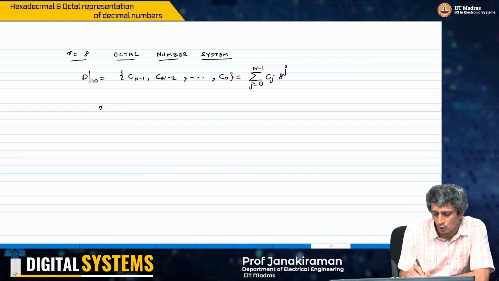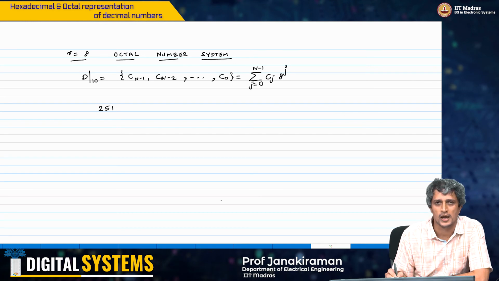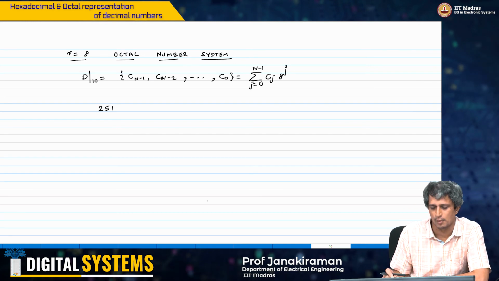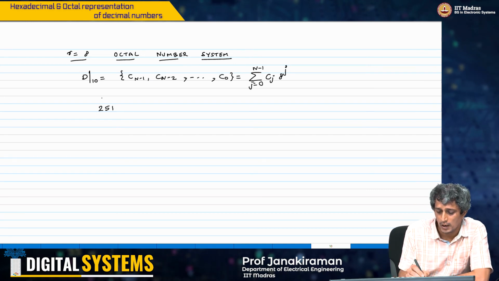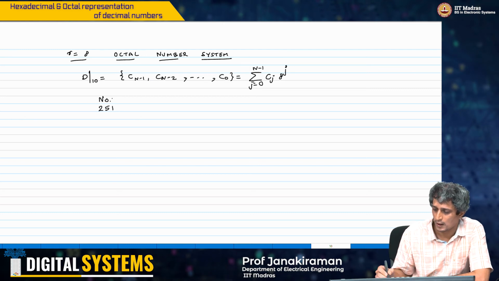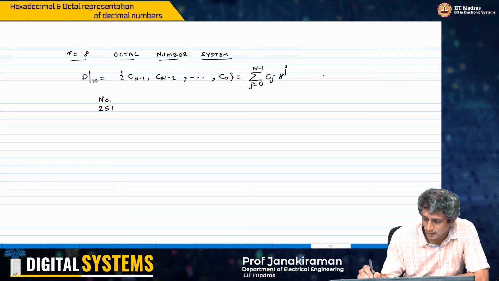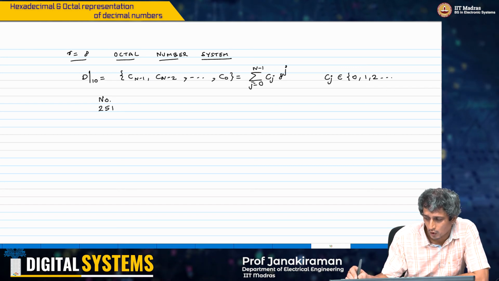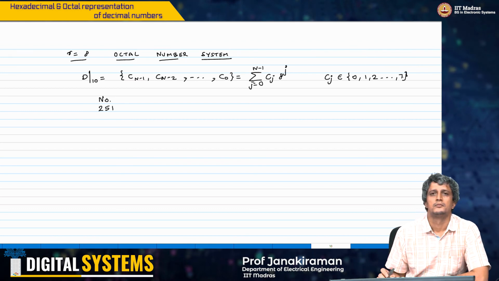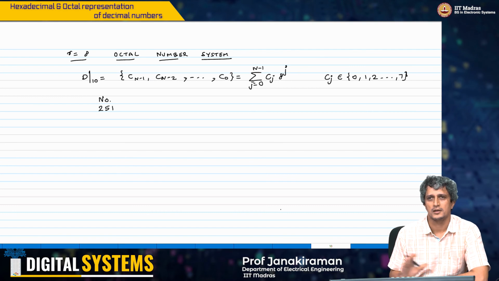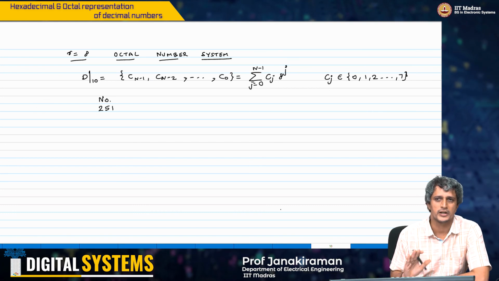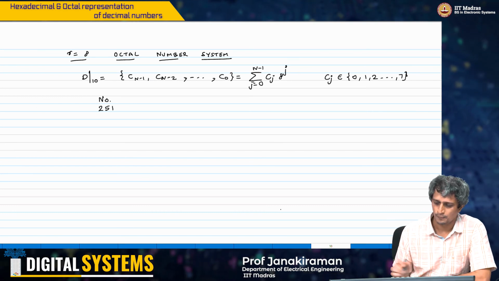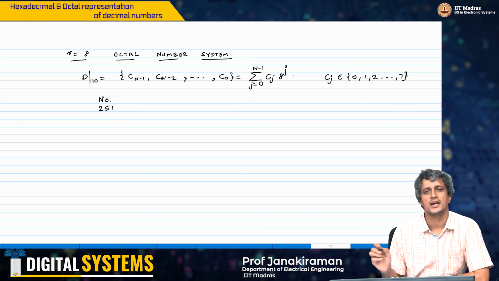And how do you convert this number? Again, let's take 251 as the example. Each Cj can be one of the numbers 0, 1, 2, all the way to 7, that is, 0 to the base minus 1.